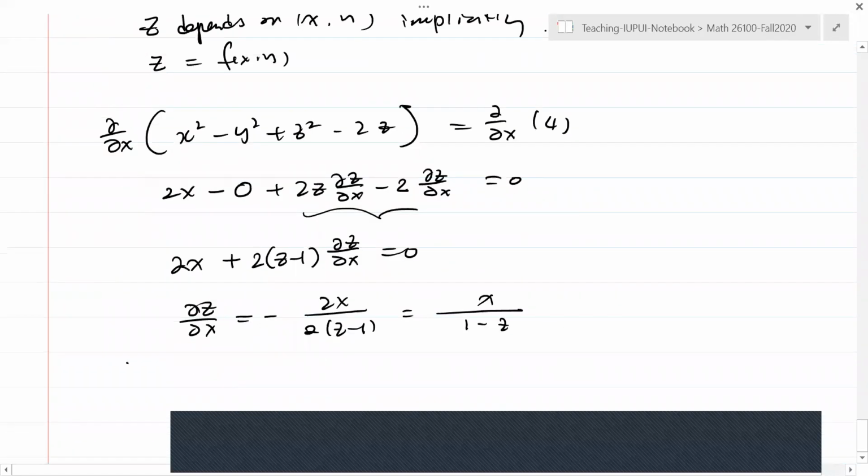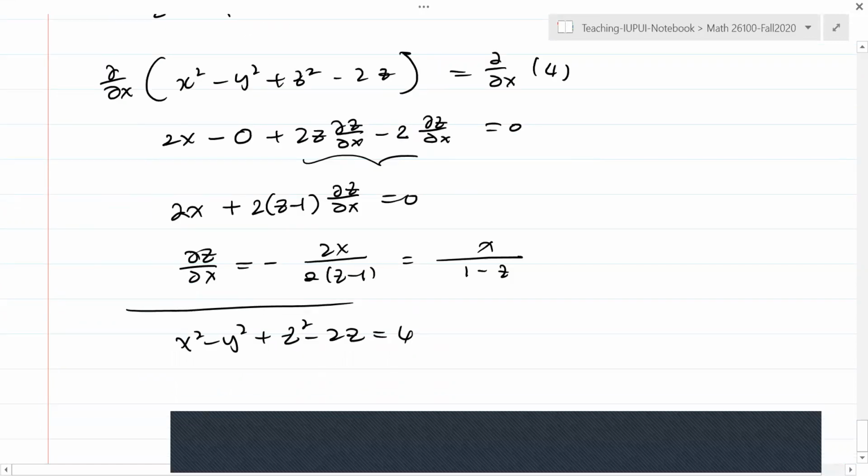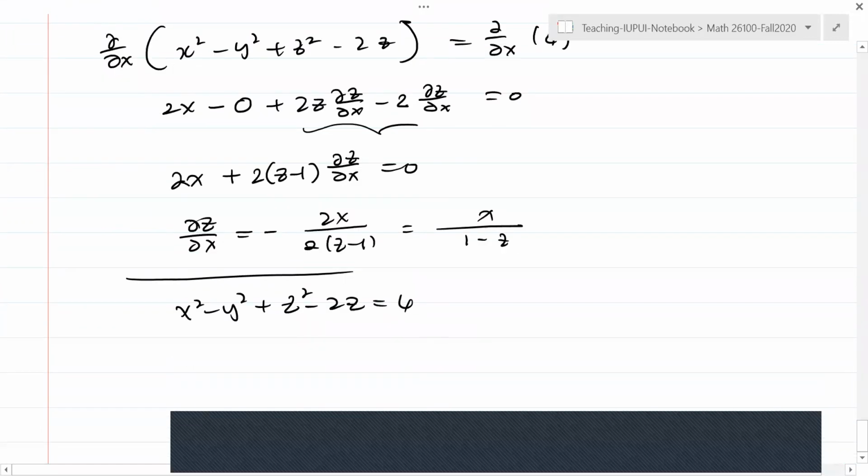So here's x squared minus y squared plus z squared minus 2z equals 4. And technically you can solve for z. This is a quadratic equation: z squared minus 2z plus x squared minus y squared minus 4 equals 0, right?